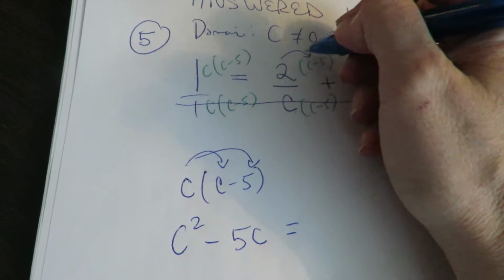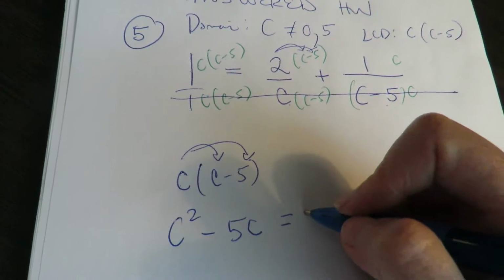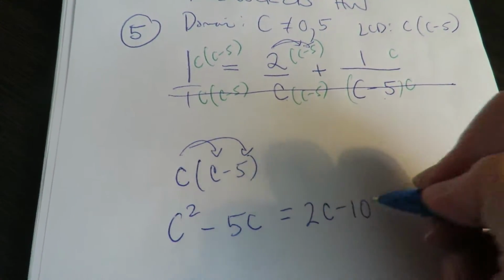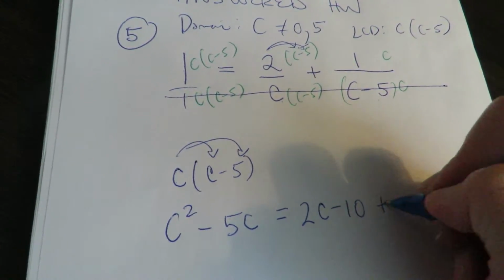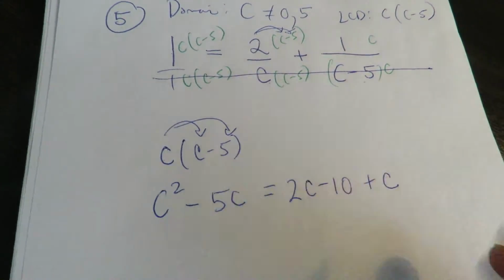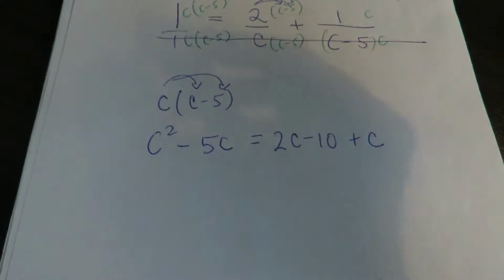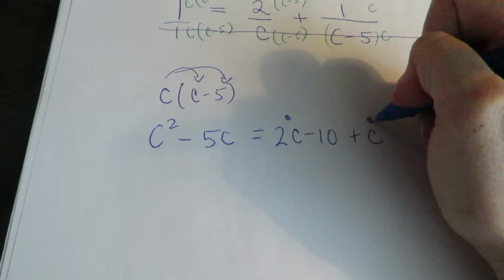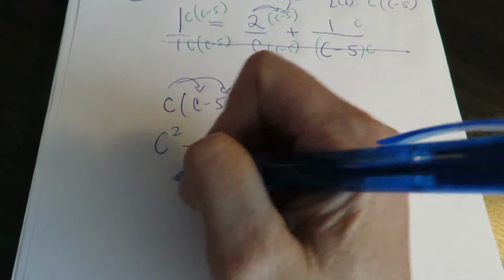Okay, here you're going to multiply the 2 in. And then 1 times C is C. I always stress that you should combine on a side before you crisscross anything.